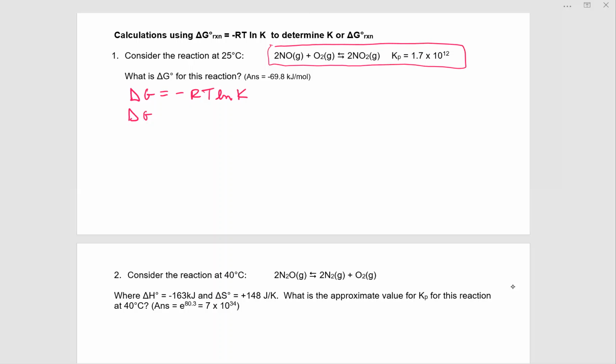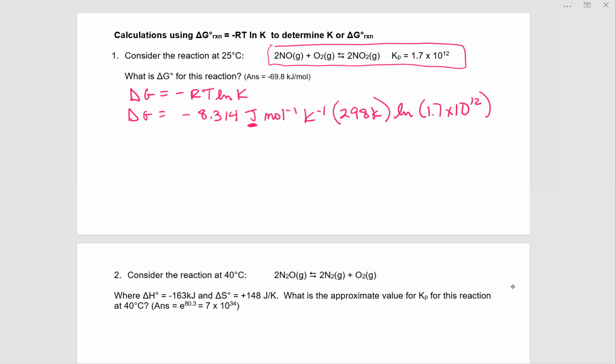So delta G is equal to negative 8.314. Remember, this is joules per mole Kelvin, and I'm just going to go ahead and write the whole expression in here, joules mole negative 1 Kelvin negative 1, because what I want you to do is hone in on that joules. Times our temperature, 25 degrees is 298 Kelvin. And then we're going to take the natural log of 1.7 times 10 to the 12th.